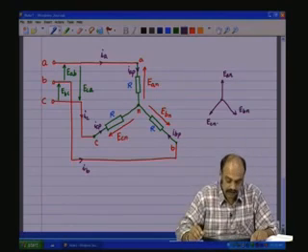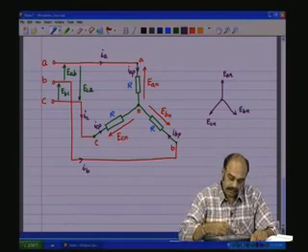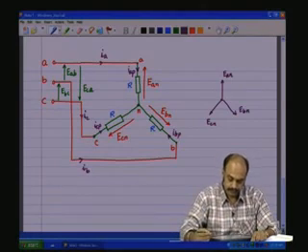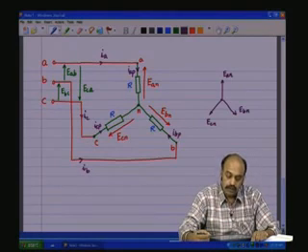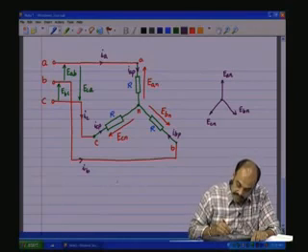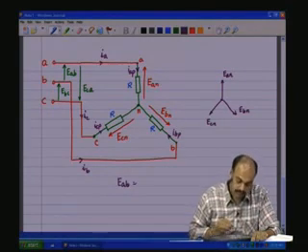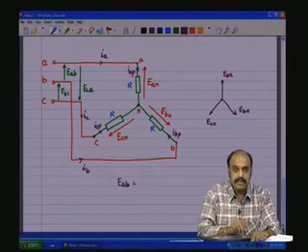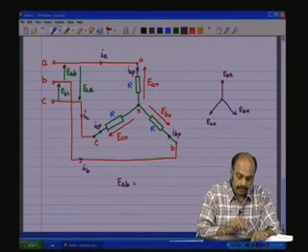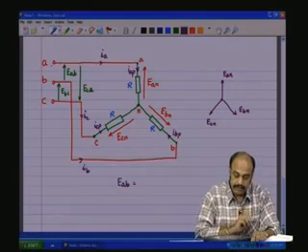This we know. This is the voltage across every phase. Now, what is EAB? EAB is the line voltage between line A and line B.